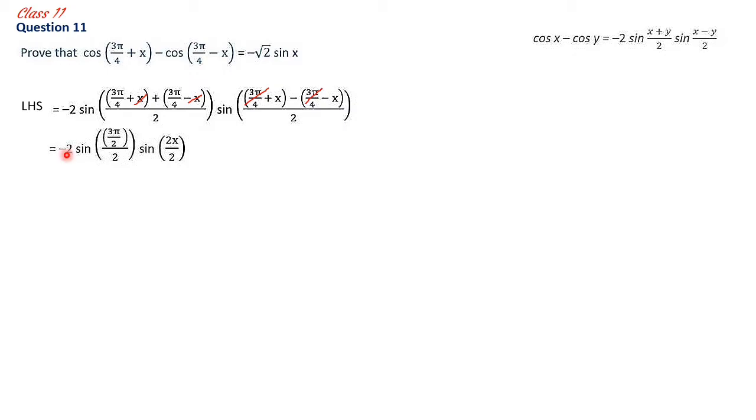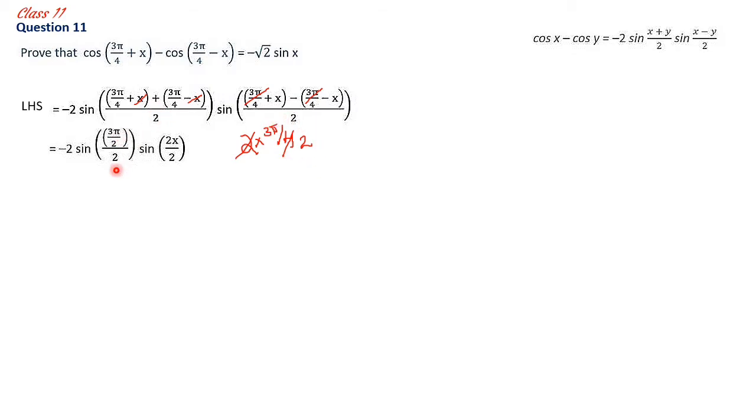Then we'll be getting −2 sin of (3π/4 + 3π/4). When we add two same quantities, we get 2 into 3π/4. This is what the answer will be. So 3π/4, then 2 and 4 we can cancel and we can write 2 times, so we'll be getting the final answer as 3π/2.